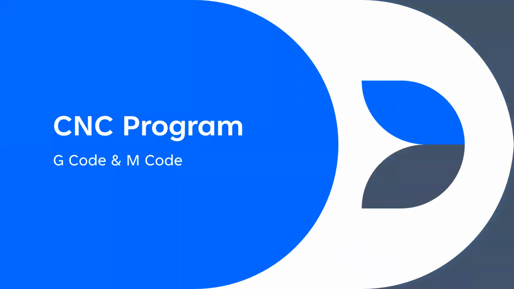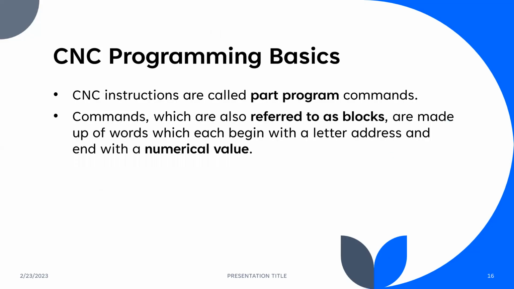Next one is CNC programming. Here, see, CNC basic programming. CNC programming means what we call a part program. In a part program, every part program starts with N, capital N, which refers to a block.